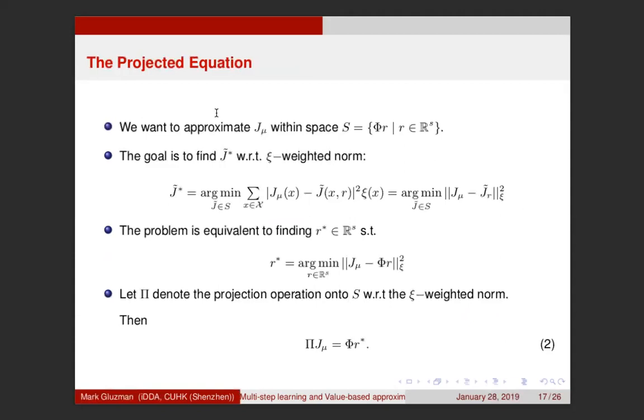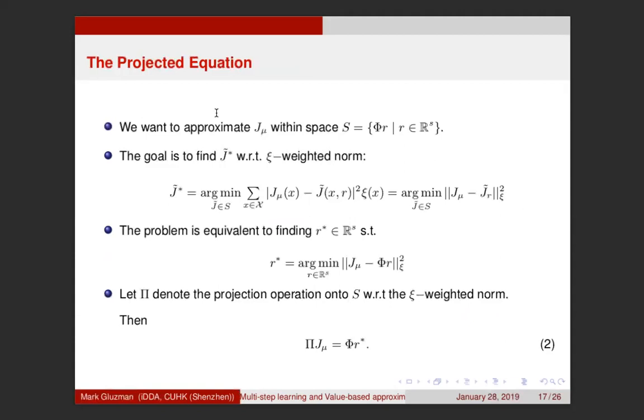We are trying to find the projection of vector G mu. This G mu can be considered as a vector in the state space, so that has a huge dimensionality. On the other hand, we have space S that has a lower dimensionality.